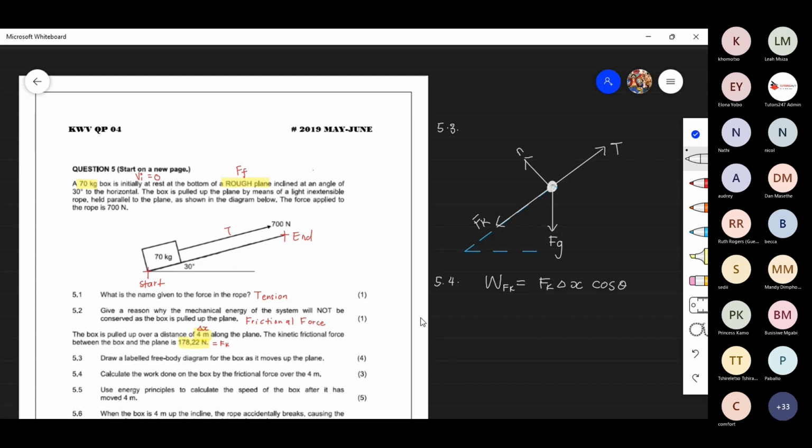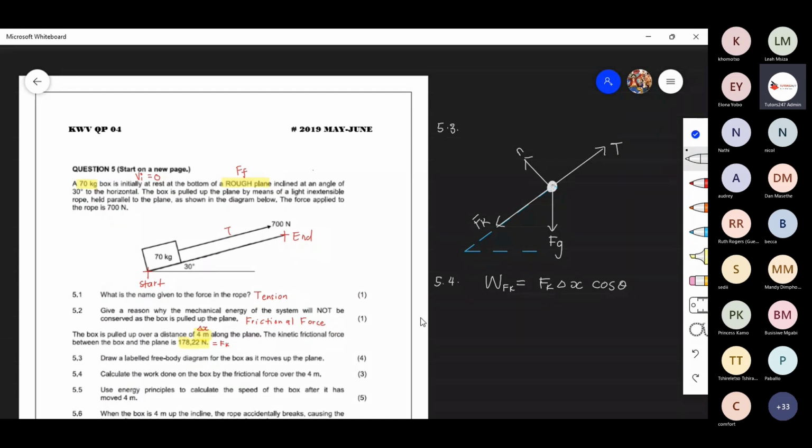Now, let us discuss what each variable within this formula represents. Our kinetic friction represents the magnitude of our kinetic friction. Keep in mind, or take note of the word magnitude. We are calculating a scalar quantity, which is work. So do not substitute your signs.